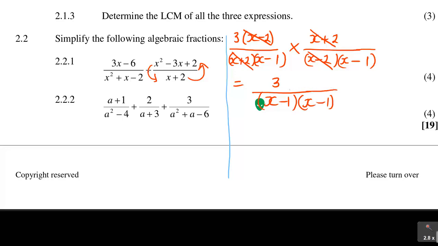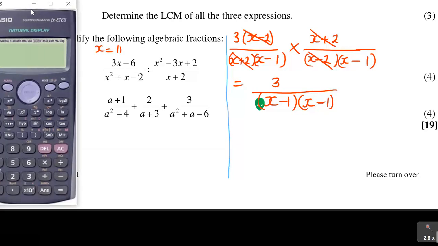Now this one you can test. What you do, you choose any value of x. For example, let x be equal to 11. So where there is x, I'm going to put 11 here.